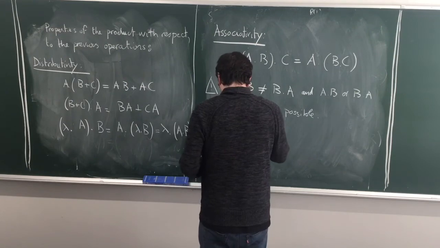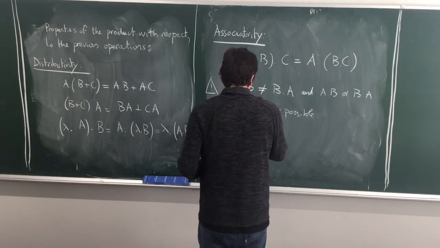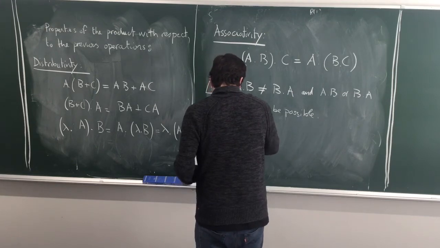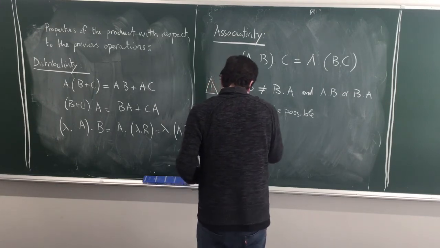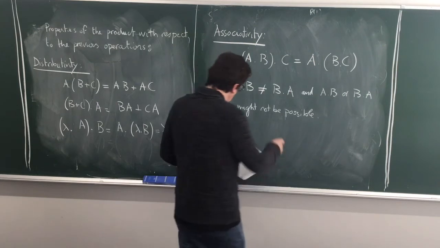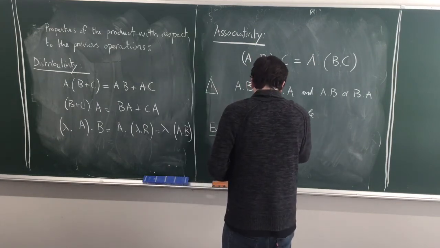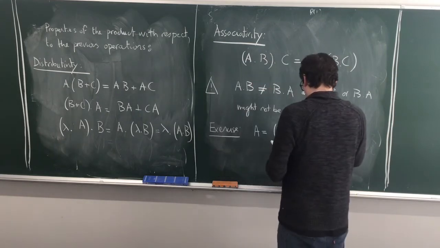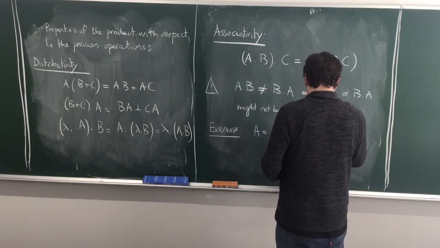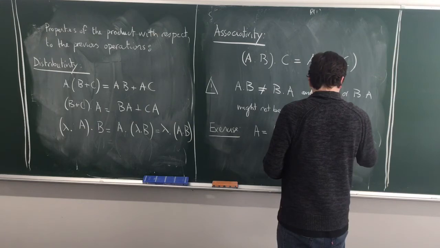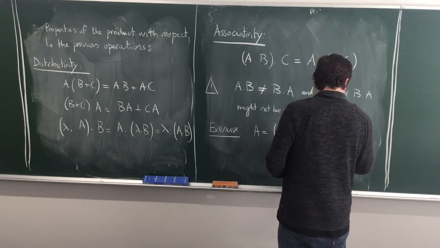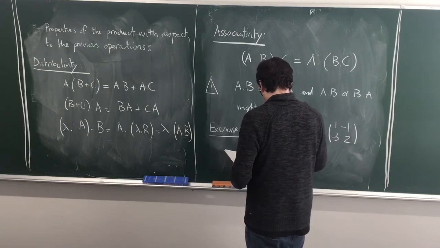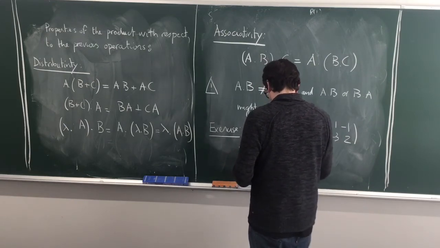Example, or exercise. You are going to calculate the following matrices. So let's consider A equal (1, minus 2), and B equal (1, minus 1; minus 3, 2), and C equal (minus 2, 1).